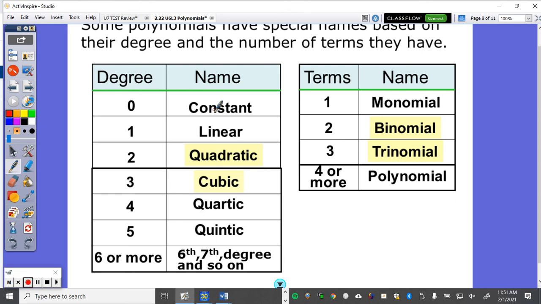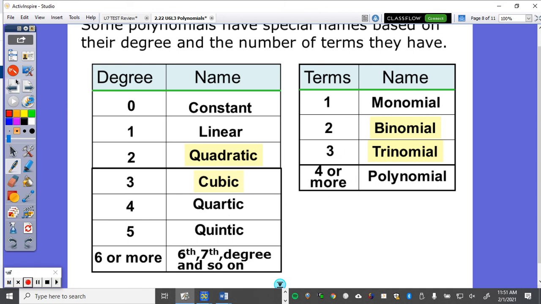A degree of 1 is linear, 2 is quadratic, 3 is cubic, 4 is quartic, 5 is quintic, and anything beyond 5 we call 6th degree, 7th degree, 10th degree, whatever it ends up being. And we only have to memorize up to 3 terms: monomial, binomial, trinomial, and anything more than 3 is a polynomial. That's it.